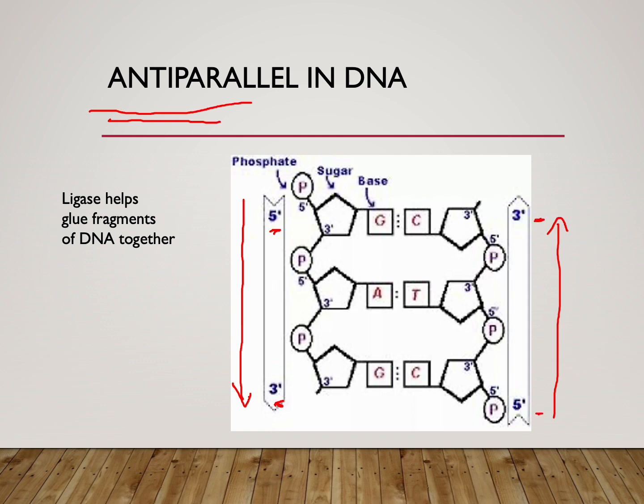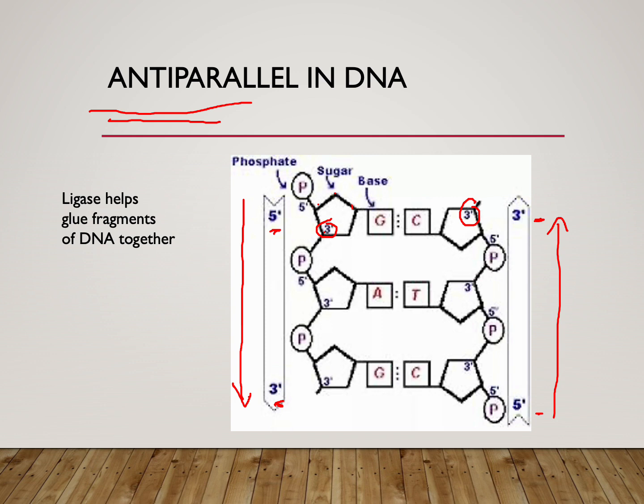Now, understanding the 5' and 3', don't get too caught up in it. It has to do with numbering the carbons within the sugar. At each one of these points on our sugar, there's a carbon, and the starting point is based on that first oxygen. If you look at your diagram, you'll notice our 3' is in the down position on the left, but on the right, it's on the top.